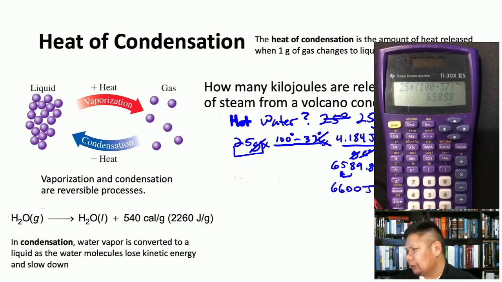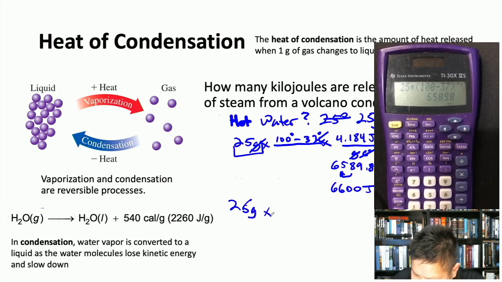So that's how much energy, or heat, is being released when hot water touches my skin and cools down to my body temperature, right? Let's see how much heat, or energy, is released when it's steam condensing on my skin. Just condensing, right? So again, we'll start with 25 grams of water.